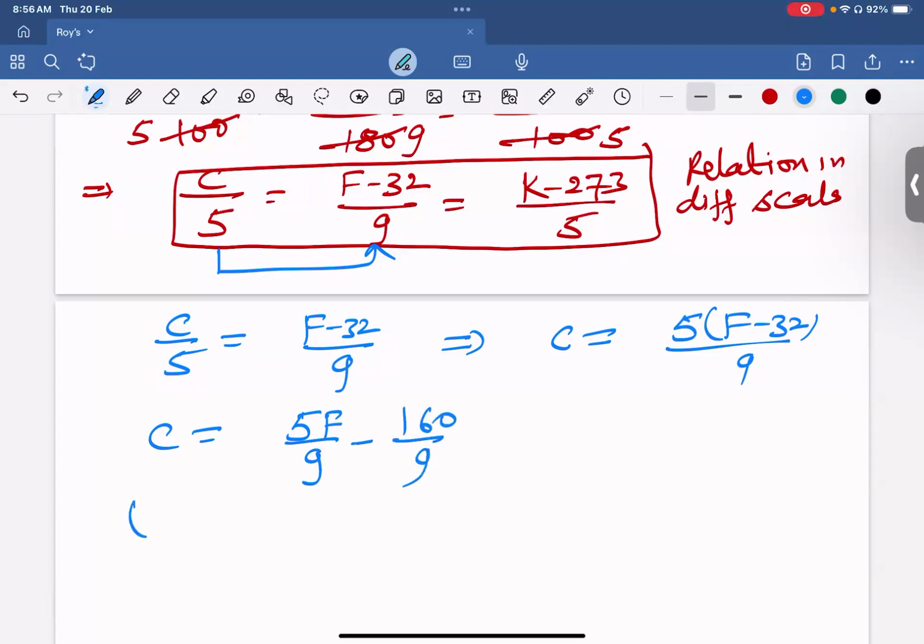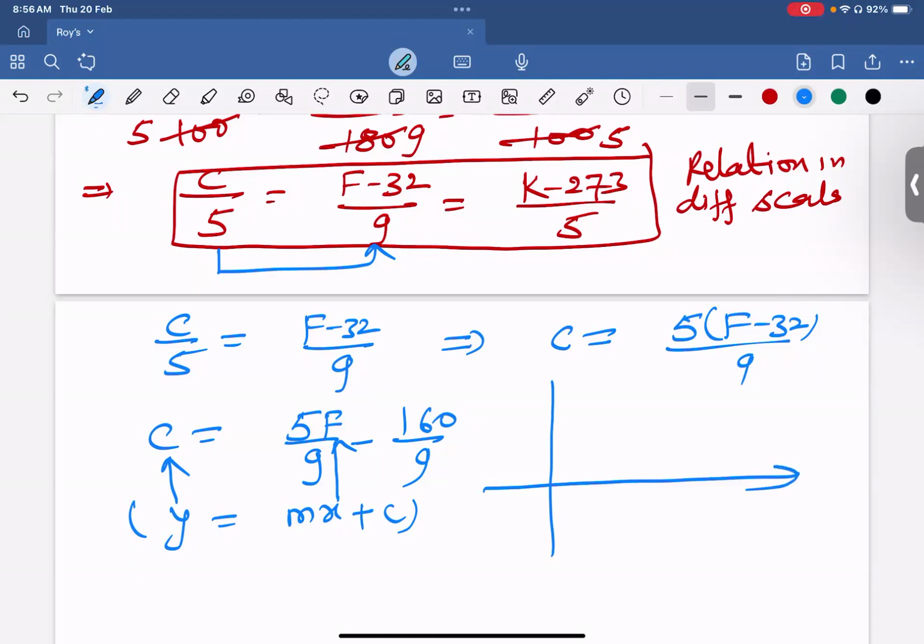It looks like a straight line equation, like y equal to mx plus c, y corresponds to C, x corresponds to F. And the slope is positive, intercept is negative. That means if you take a Celsius and Fahrenheit graph, then intercept will be negative.